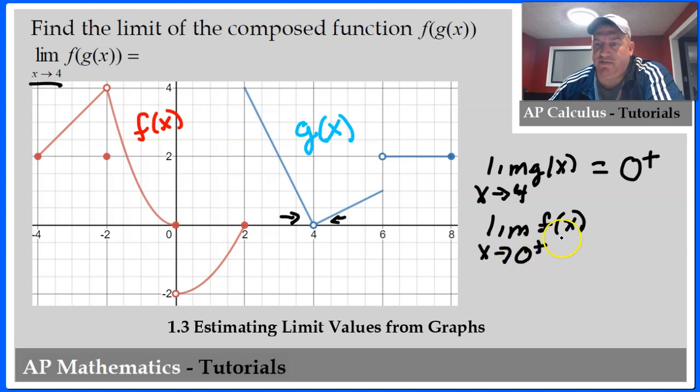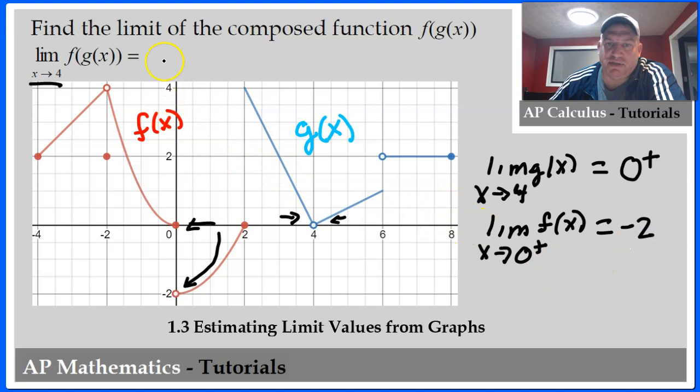So we're looking at the red graph, and we want to approach 0 from the right hand side, which means we're using this part of the graph, and we are approaching -2. Since the limit of f of x as x approaches 0 from the right hand side is -2, my original limit value is -2.